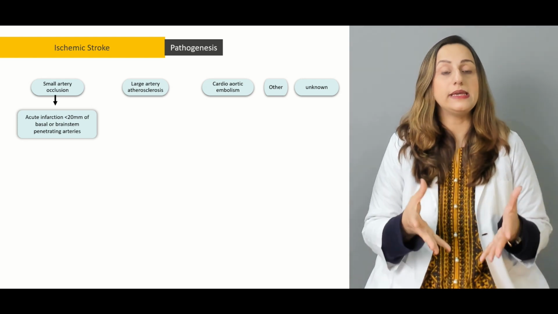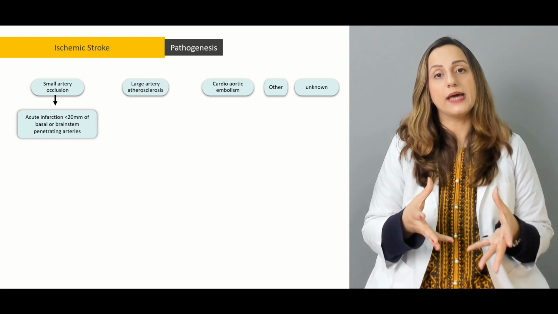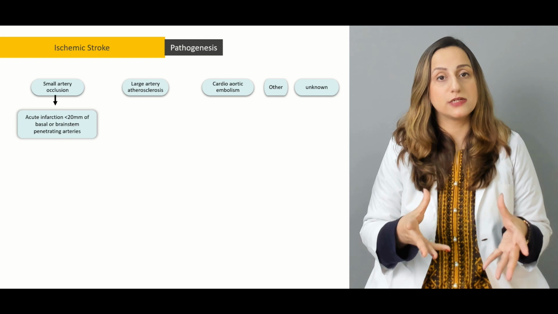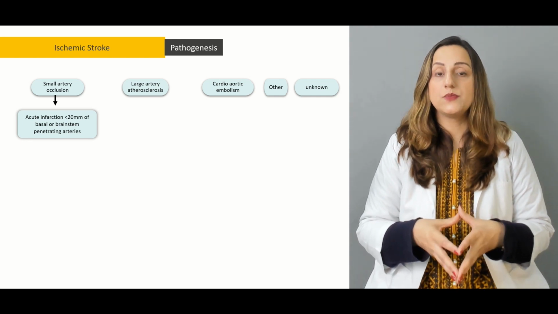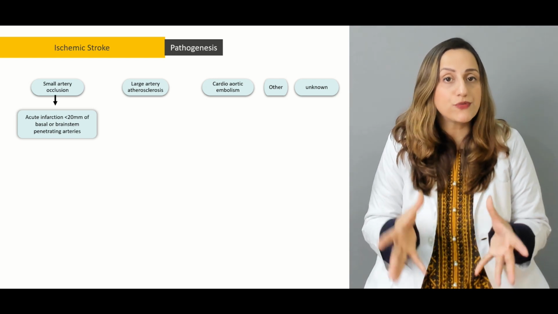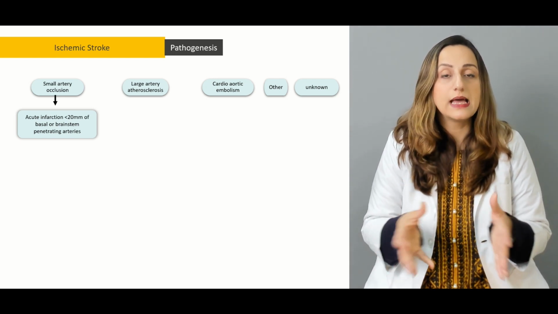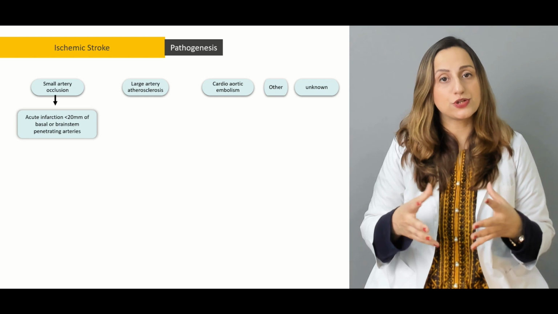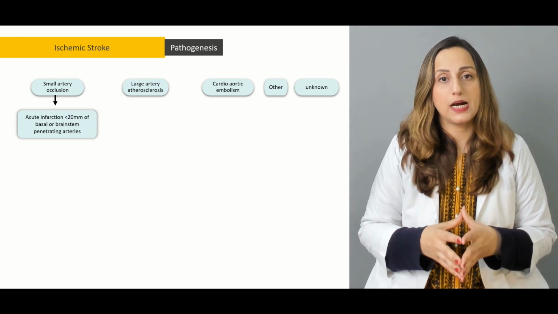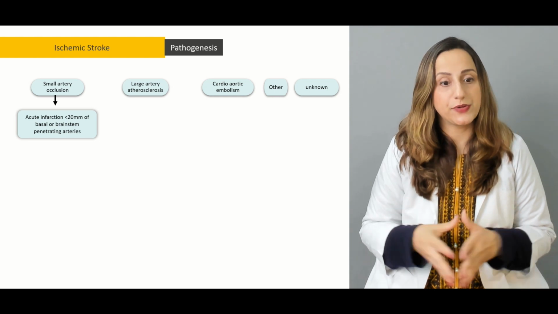As I've already discussed with you, we have this collateral circulation in the brain, which is known as the circle of Willis, and then we have the internal carotid arteries, we have the middle cerebral arteries that are contributing towards the circle of Willis. And it's again very important to maintain this collateral circulation for a normal blood flow towards certain areas of the brain.